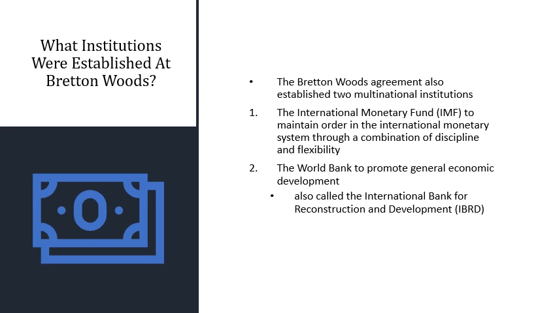The second component is flexibility. Although monetary discipline was the central objective of the agreement, it was recognized that the rigid policy of fixed exchange rate would be too inflexible, because over a period of time the economic condition of one country does not remain the same for the longer run.